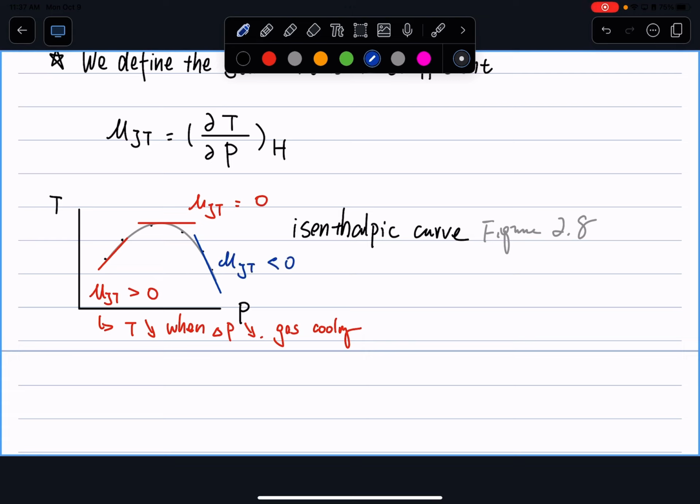For example, we have our Joule-Thomson coefficient defined as the partial derivative of T with respect to P at constant enthalpy. And we also have our Cp, our heat capacity, defined as the partial derivative of H with respect to T at constant pressure. Now I'll give you 2 or 3 minutes to work it yourself and see if you can find it. You have everything you need: calculus, and these equations.